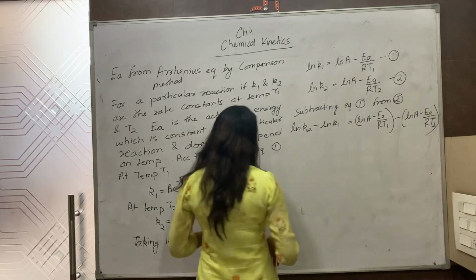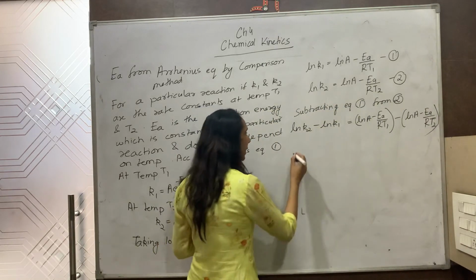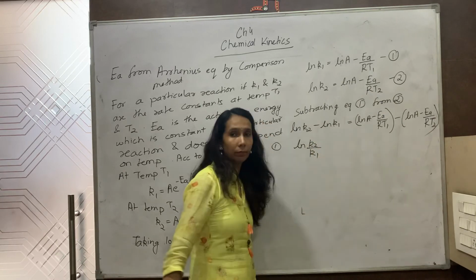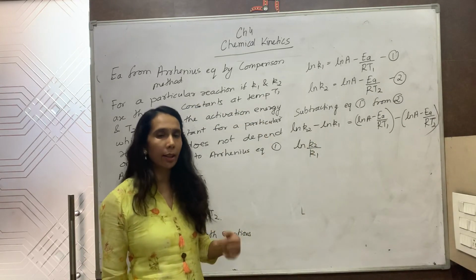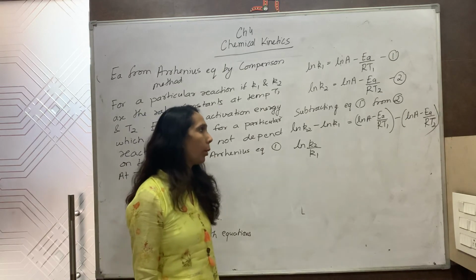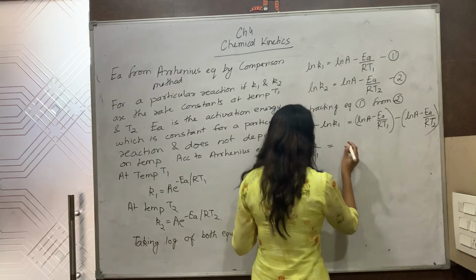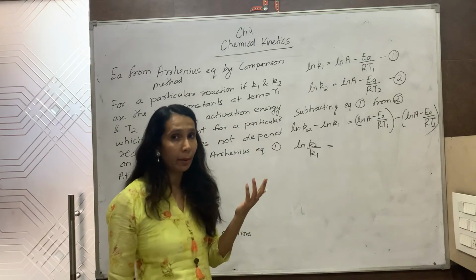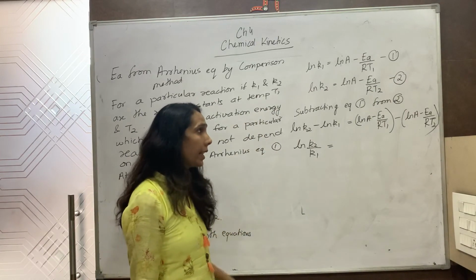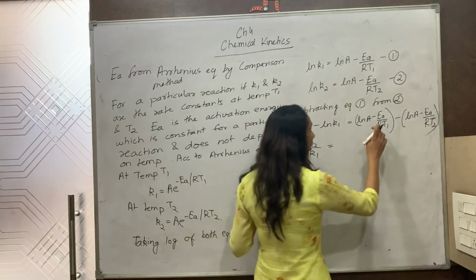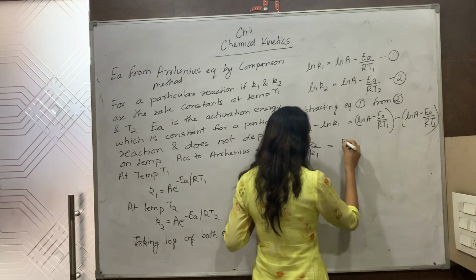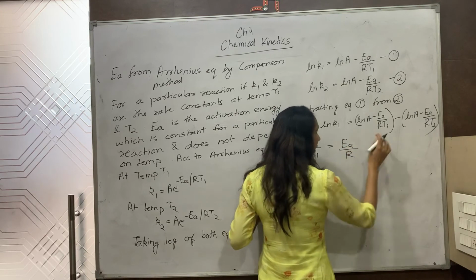We know that log A minus log B is log A upon B, so ln k2 upon k1. And here it will be ln A minus ln A, and both are the same, so it gets cancelled. And from here I can take Ea upon R common from both of them.